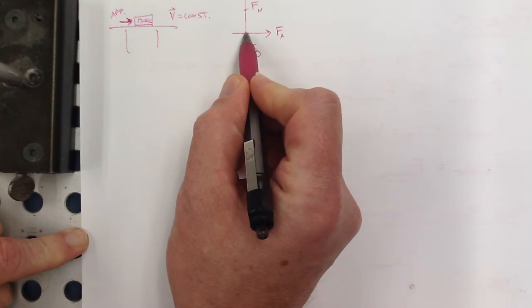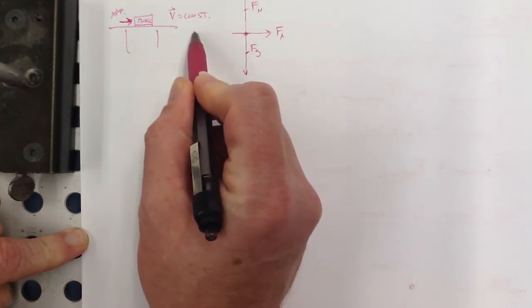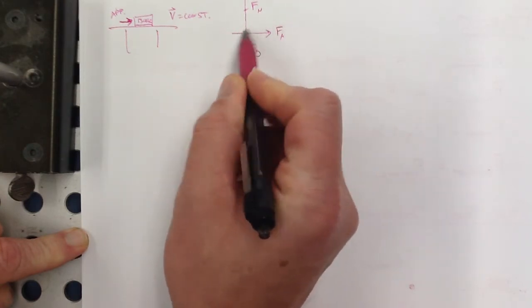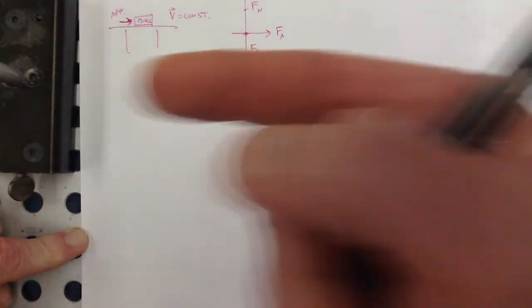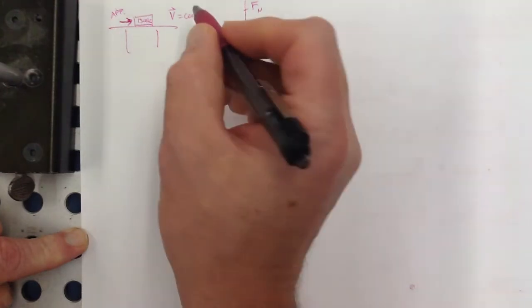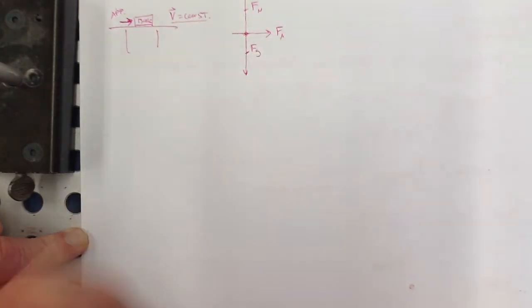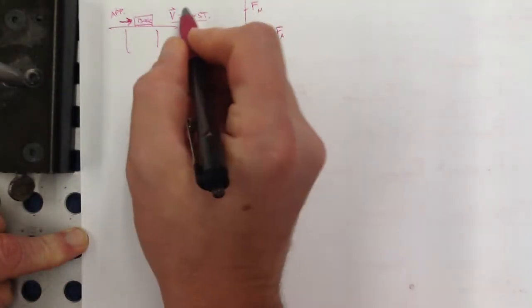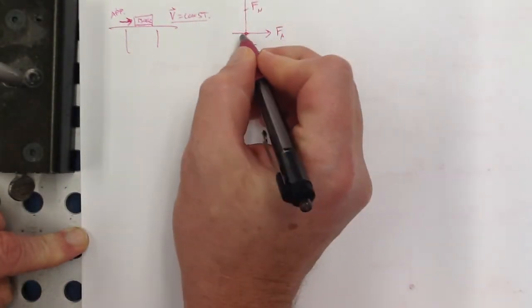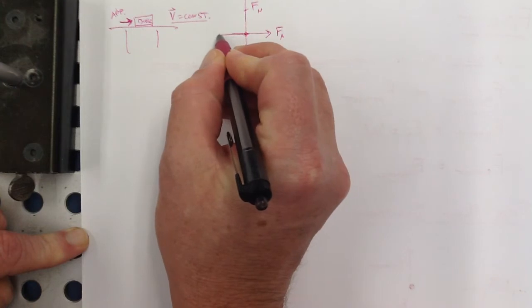Likewise, if the friction force was more than this, then the motion would be changing this way. There'd be extra tapping in that way. So if the velocity is constant, just like the bowling ball through the no-touch zone, that means the forces must be balanced.